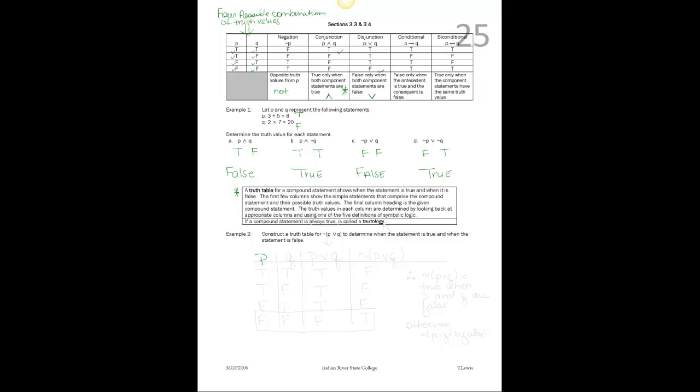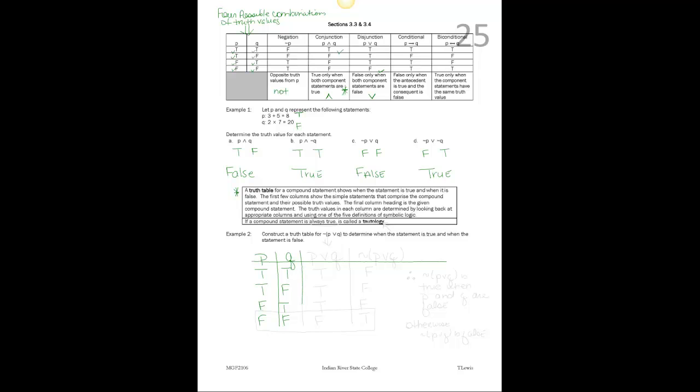We start with our bar. Under P we have T, T, F, F, true, true, false, false. And under Q, true, false, true, false.